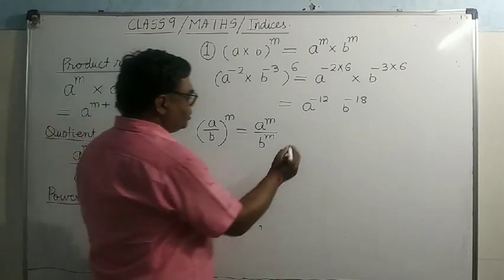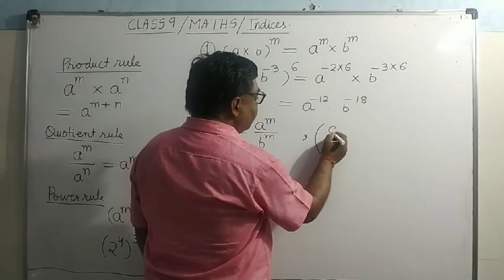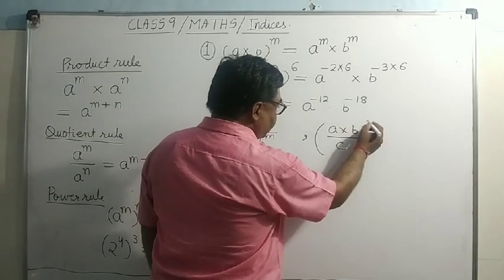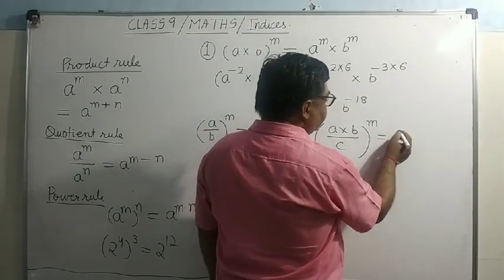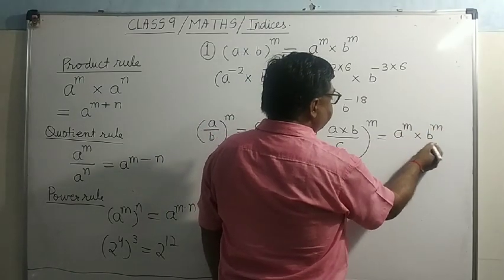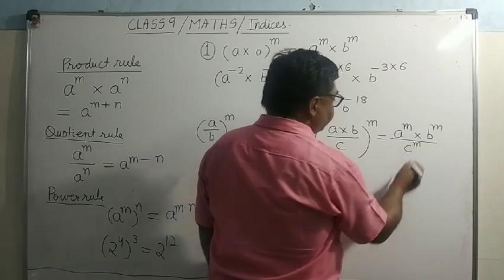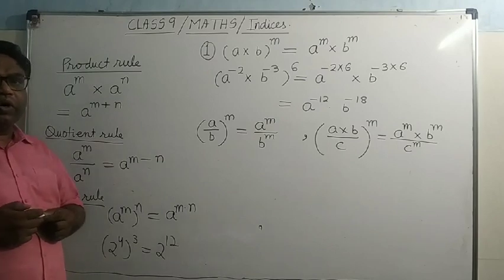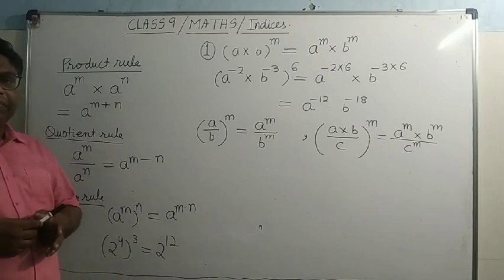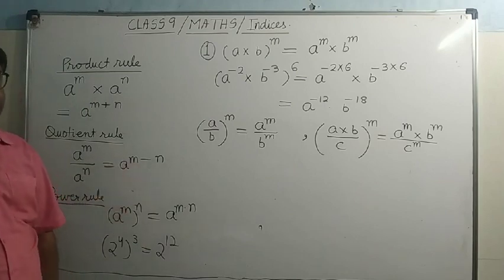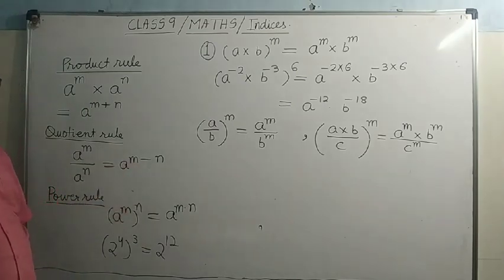In another way, we can write a into b upon c whole to the power m. So you will write a to the power m into b to the power m upon c to the power m. Means if there is a common power over a bracket, then on opening the bracket, the same power will be reached on all the numbers inside the bracket in product or in division.